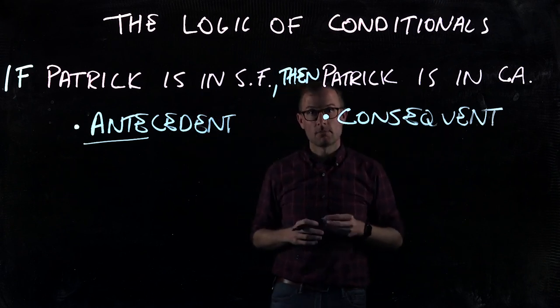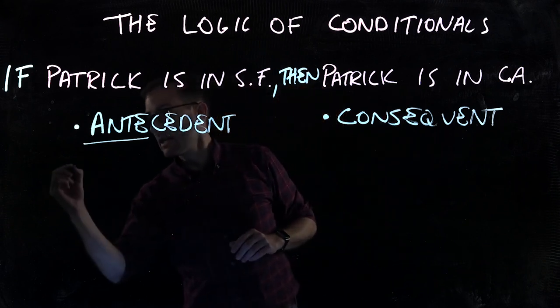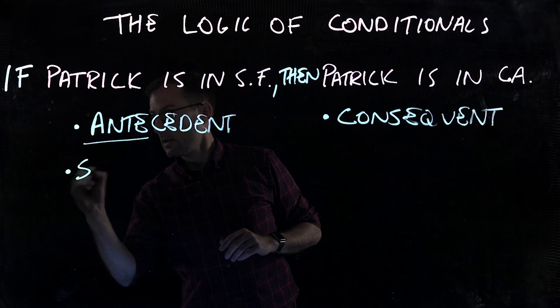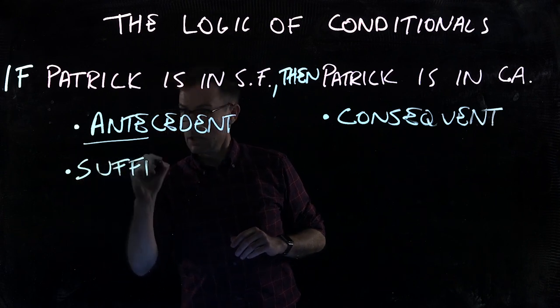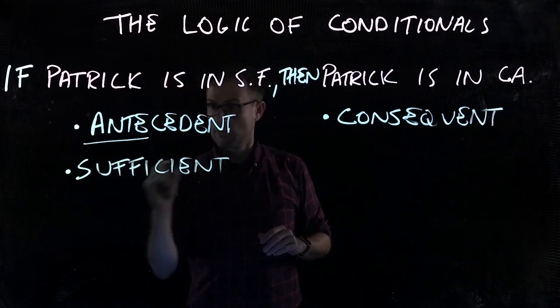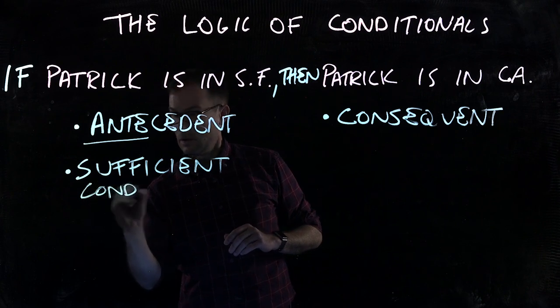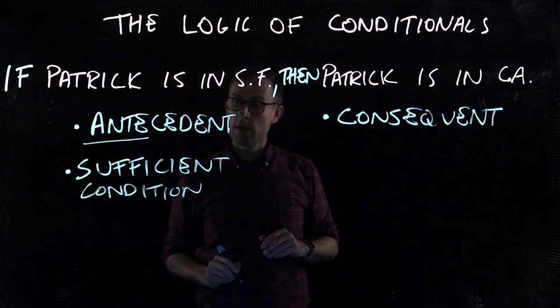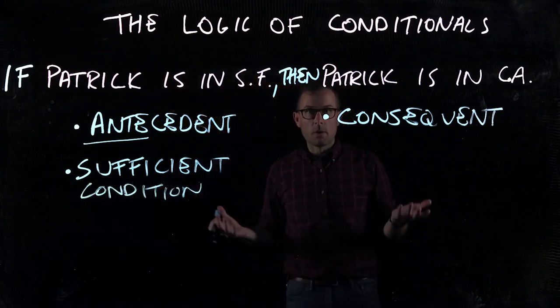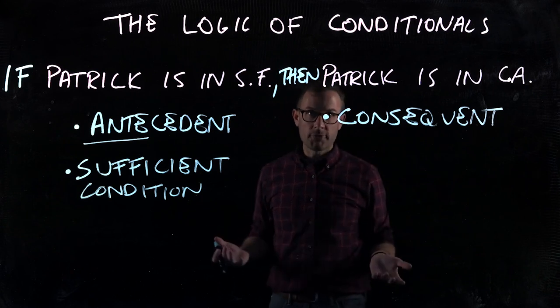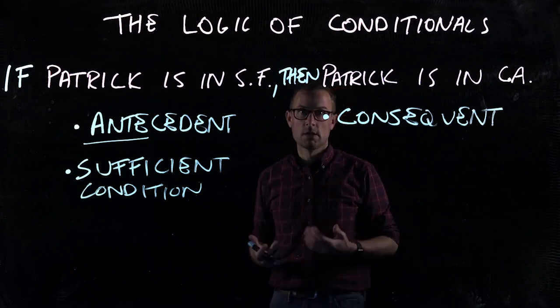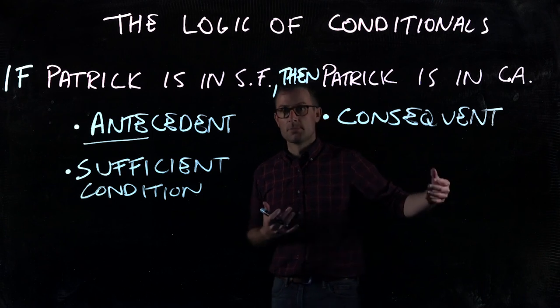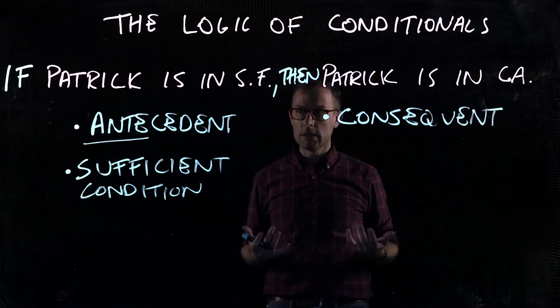Now, in terms of conditions, and what the antecedent and the consequent play as conditions in the sentence, we can call the antecedent the sufficient condition. Sufficient is a word that means something like adequate. It's enough. Something is sufficient, say, to bring about some sort of event if we're thinking causally.